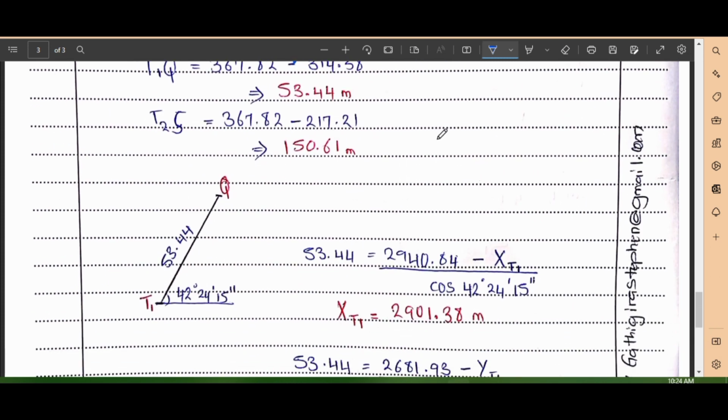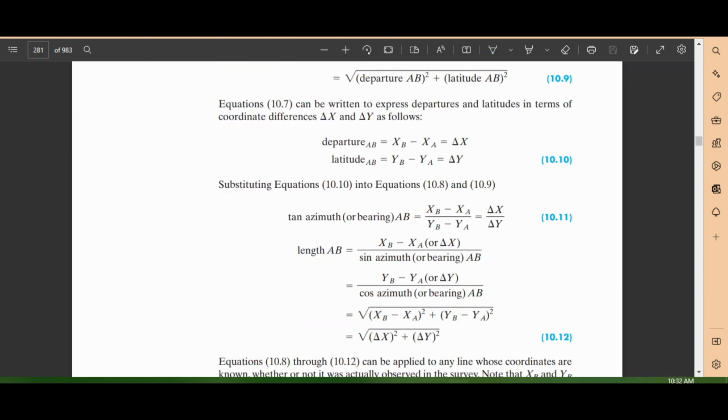So in traversing we had certain formulas that we can use. So let's have a look at a book. This is Elementary Surveying. In this book we can see a little demonstration of the formulas that we are supposed to use in order for us to continue with this exercise.